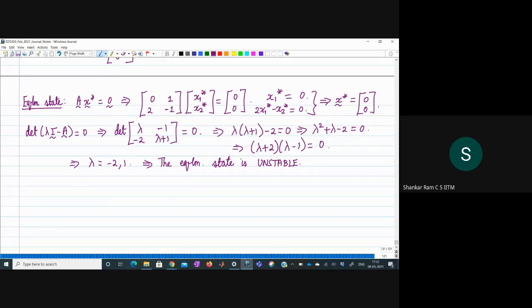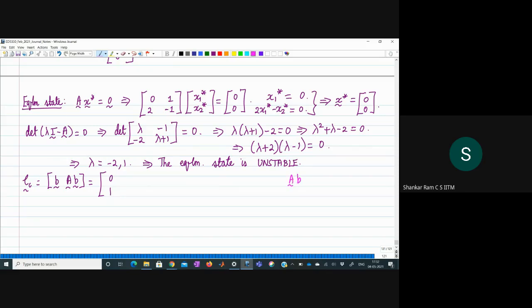So now let's evaluate complete controllability. Once again we calculate the controllability matrix. It will be B and AB. Why? Because n is equal to 2, we stop at n minus 1, which is 1. So B is 0 and 1. We calculate AB.